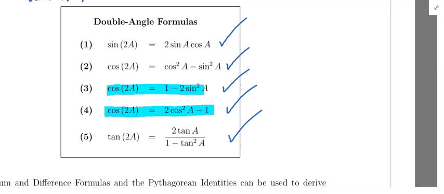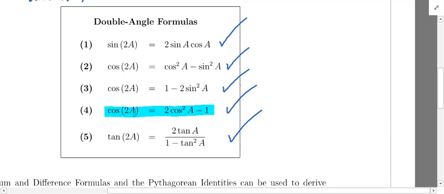Oh, no, I'm getting ahead of myself. I'm sorry, we're going to use this one, because this relates the cosine of 2A to the cosine of A. If I'm translating this into theta language, this will relate the cosine of 2 theta to the cosine of theta. All right, so we're going to use formula 4 here.